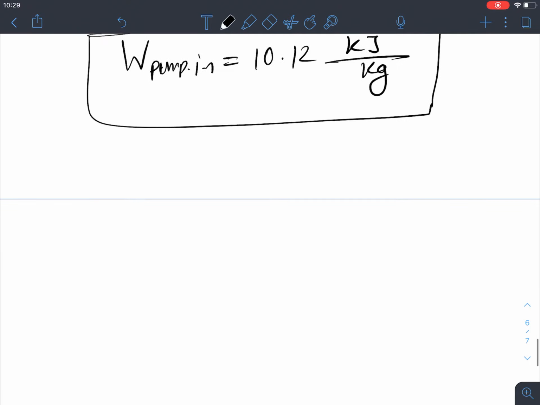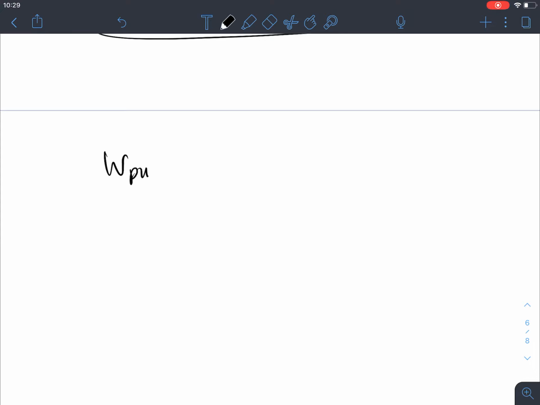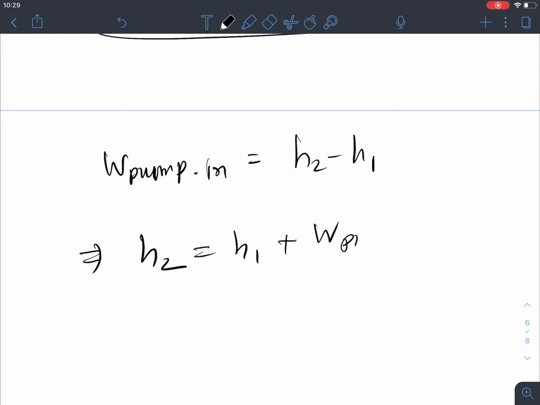From here we also know the formula for the W pump in equals H2 minus H1. So H2 would be H1 plus W pump.